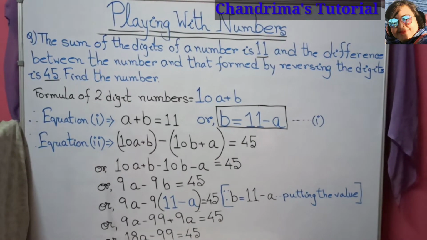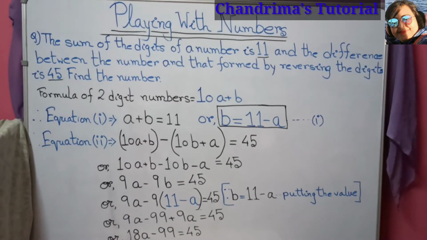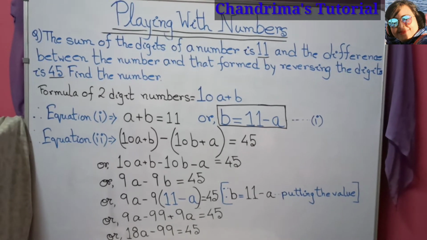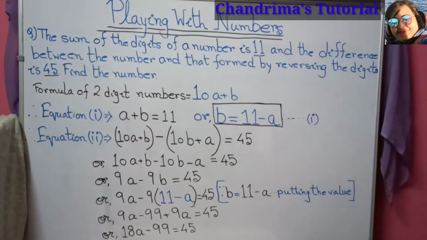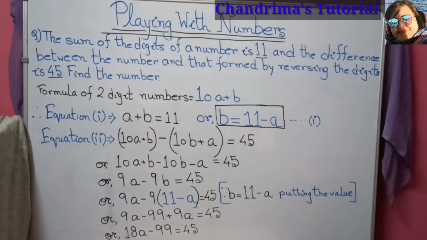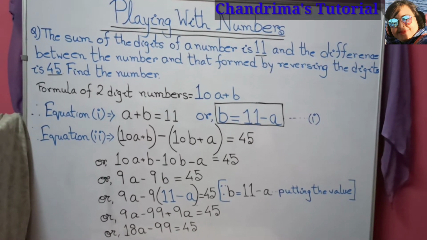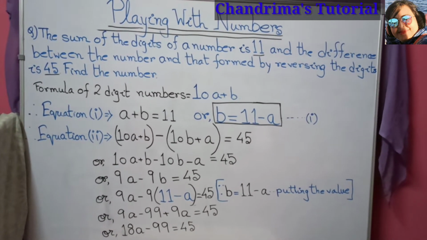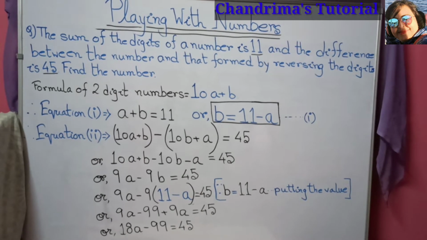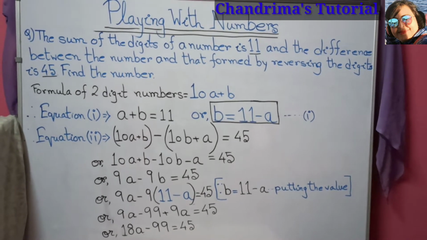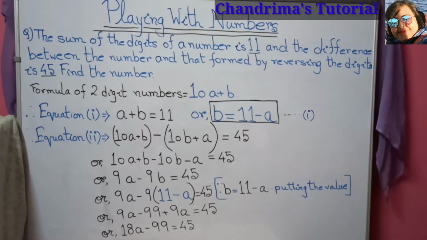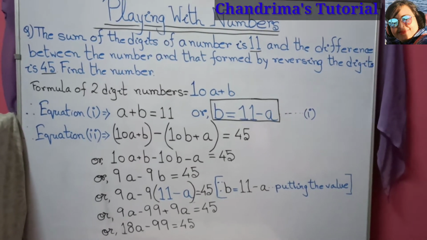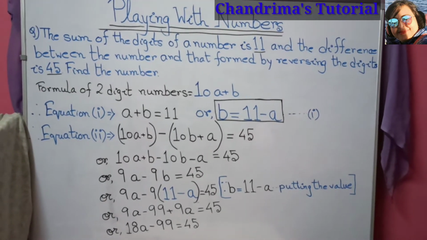So let's see. I have now given here one more sum, and let's read the problem. What is given? The sum of the digits of a number is 11, and the difference between the number and that formed by reversing the digits is 45. Now we have to find the 2-digit number.